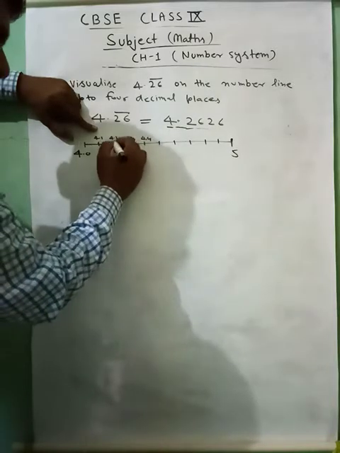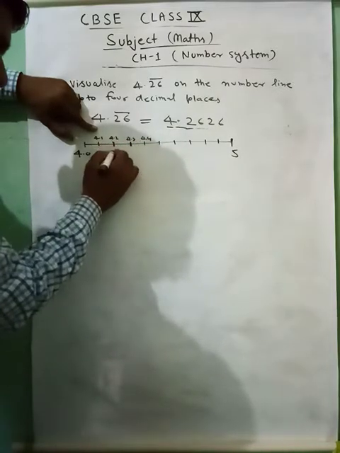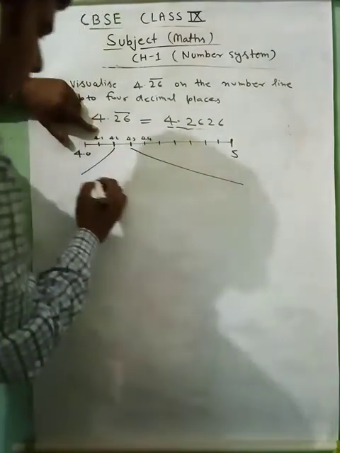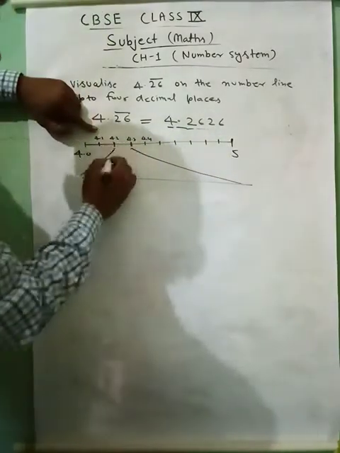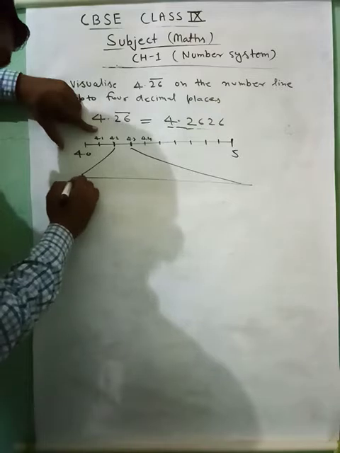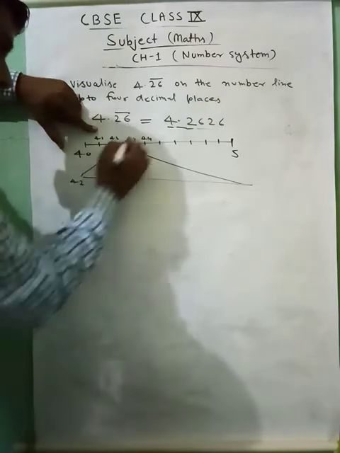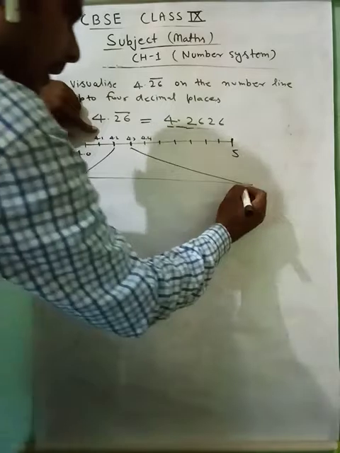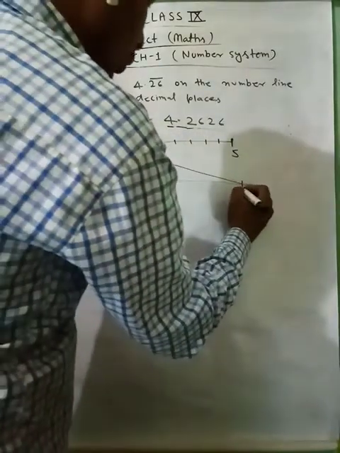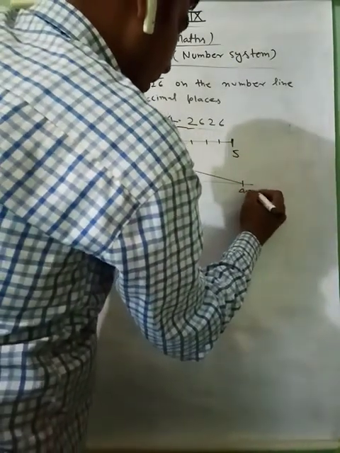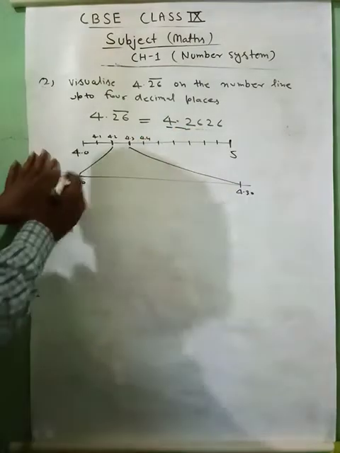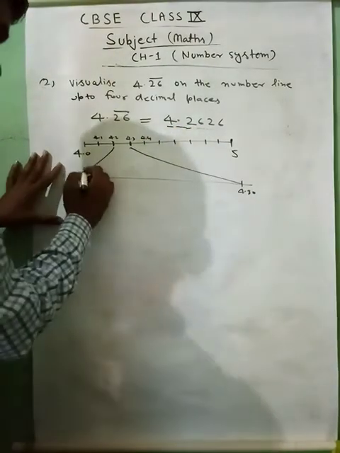Now using a magnifying glass you can see this distance will be like this. It is 4.2, and after 2 you have to write 10. Clear? And it is 4.30. It means we can represent 4.2. So again this length will be divided into 9 equal parts.